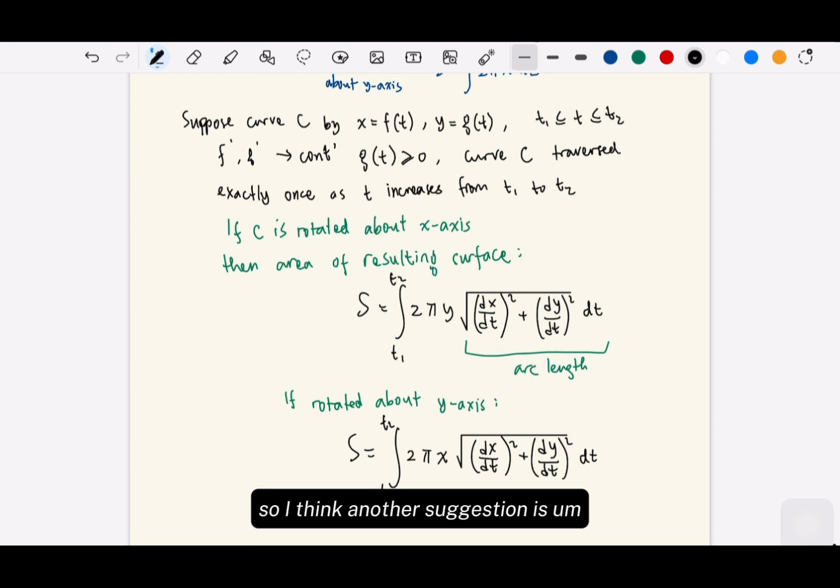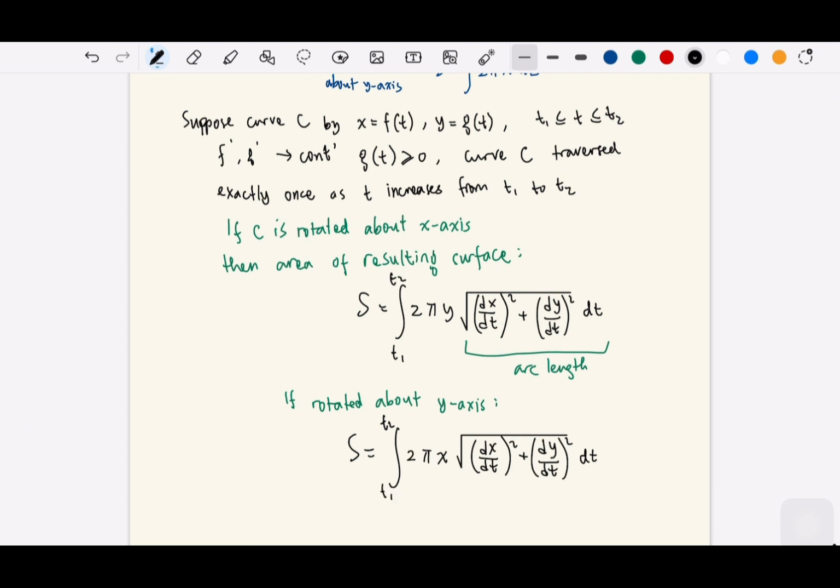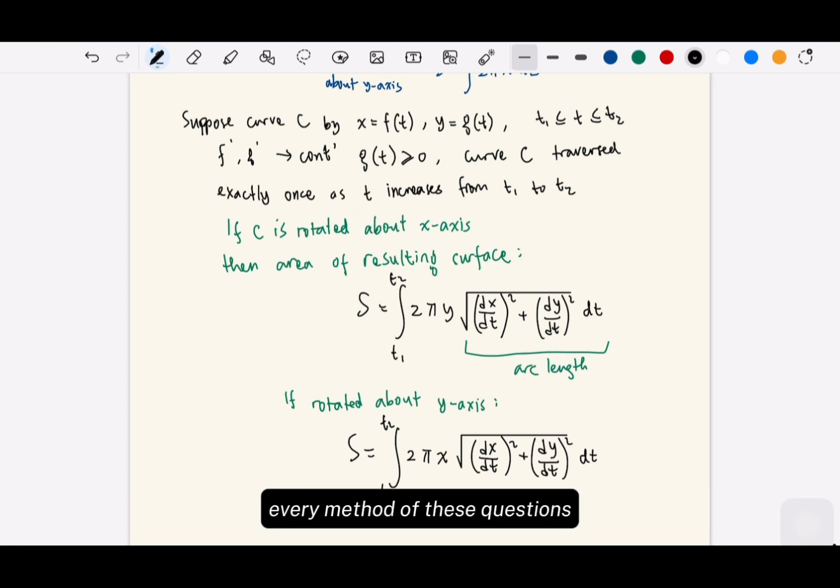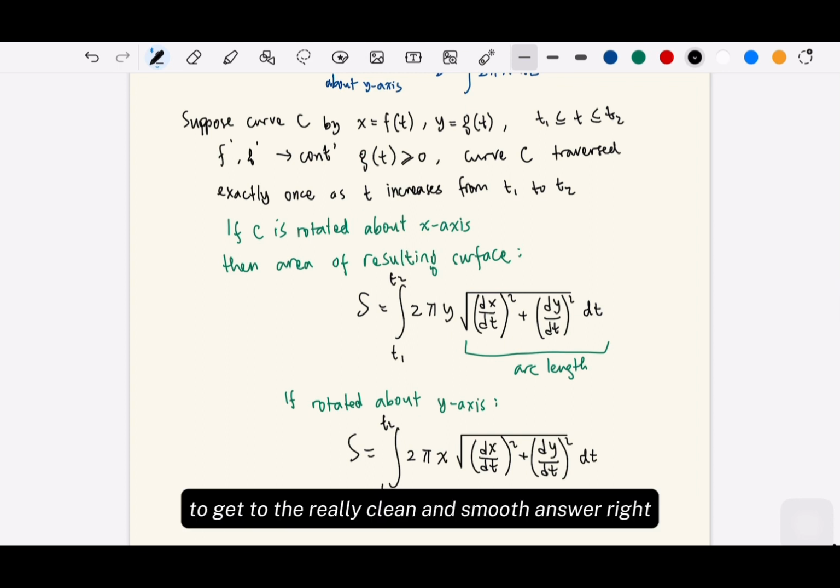Another suggestion is that usually, for mathematics questions, they prepare some way to get to a really clean and smooth answer, right?